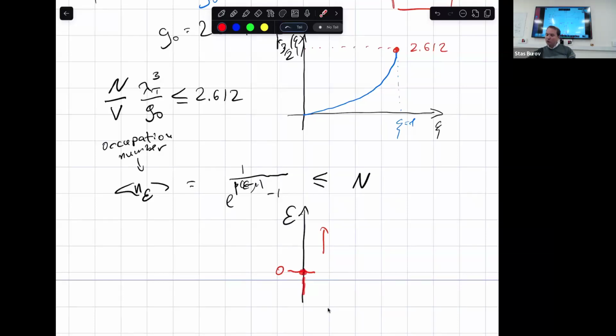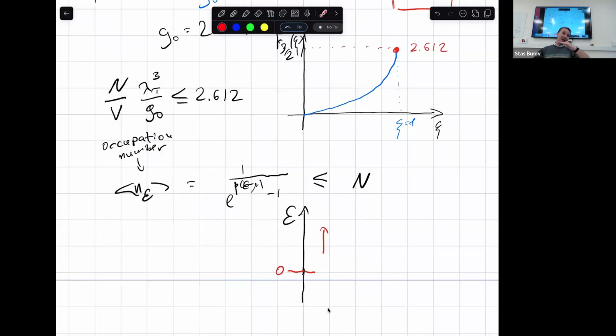Now, it cannot reach 0 exactly, okay? Because otherwise, this guy will explode, and it's limited by n. So what will happen is that as mu approaches closer and closer to 0, which is our lowest energetic level, at some point, all the particles have to sit exactly at the lowest level.